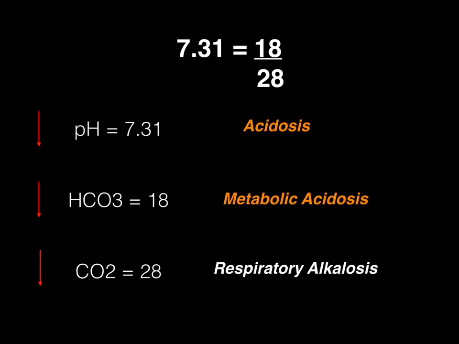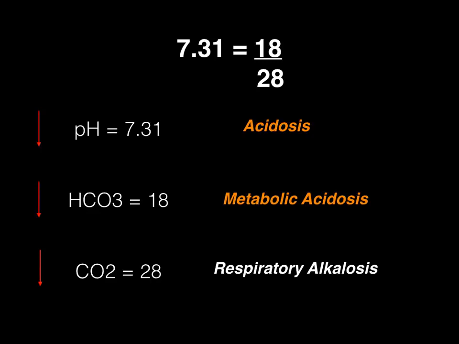But this means that the compensation is the other change in variables. So because our primary deficit is a metabolic acidosis, our compensation is a respiratory alkalosis. And that makes sense. Think about it, guys. The pH is dropping. It's an acidosis, and it's caused by a metabolic acidosis. Your body is going to try to compensate for that metabolic acidosis, and it's going to try to raise your pH.